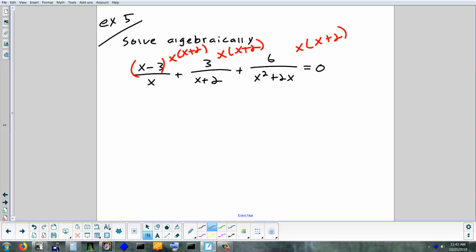What's going to cancel in the first fraction? X. What cancels in the second fraction? X plus 2. And in the third fraction? All of this denominator. So the first thing we have to do is FOIL out x minus 3 times x plus 2.